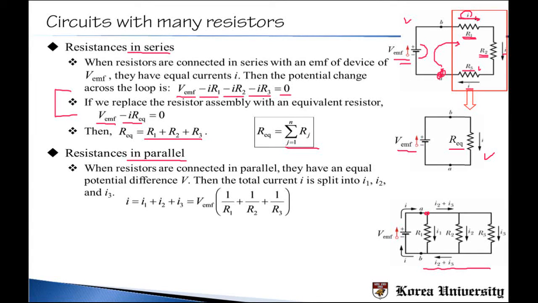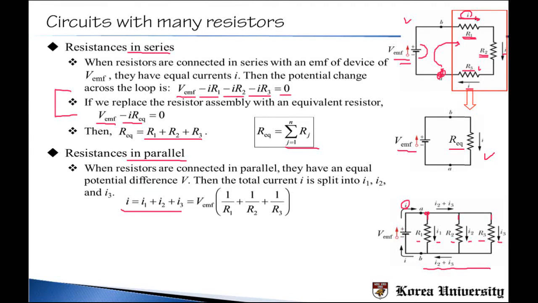So again, let's say the original current was I, and then it's branching out to 3 different routes, going through R1, R2, R3 respectively. Let's call the currents I1, I2, I3 respectively, which may be different from each other, but what we know is that I is equal to I1 plus I2 plus I3. Okay, that's how the current rule is applied.